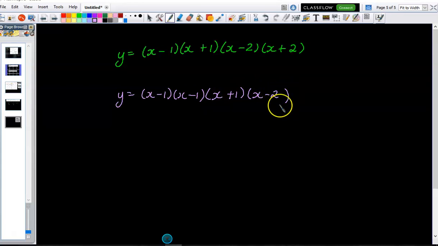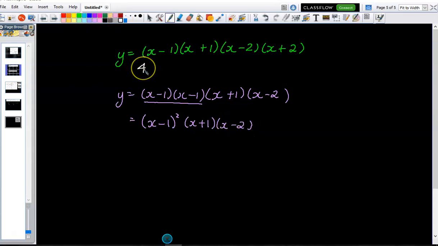Why is that one different to the green? Aha! This gives you a perfect square, right? So, if we were to now describe this, I would describe this as having 4 distinct real root solutions, x-intercepts.